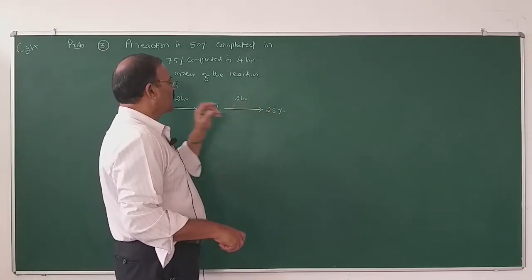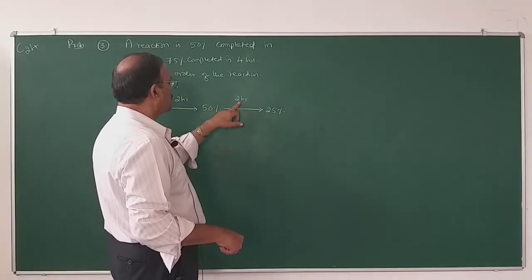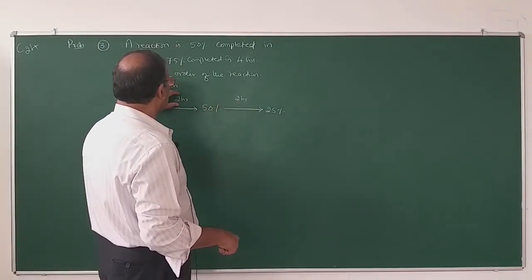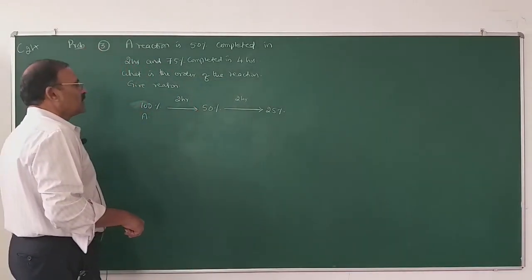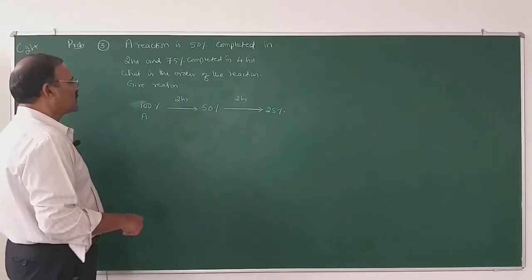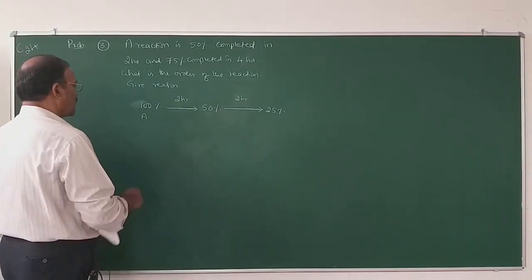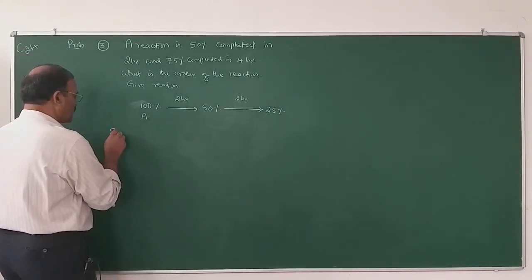For another 50% of the reaction to be completed, it takes another 2 hours. That means the half-life period remains constant. If the half-life period remains constant, it is a first order reaction. So, what is the solution?